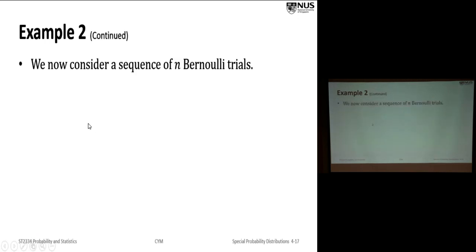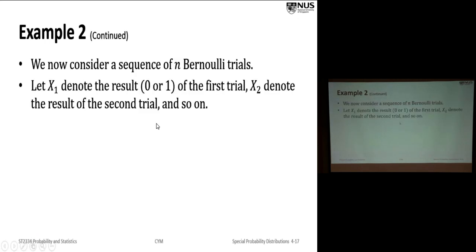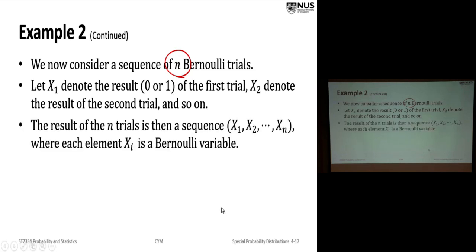Now we consider n Bernoulli trials. Let x1 represent the outcome, either 0 or 1, x2 represent the outcome of the second trial, and so on. And we have altogether n trials. That means you take n balls one by one with replacement. So the results can be represented by a sequence x1, x2, up to xn.